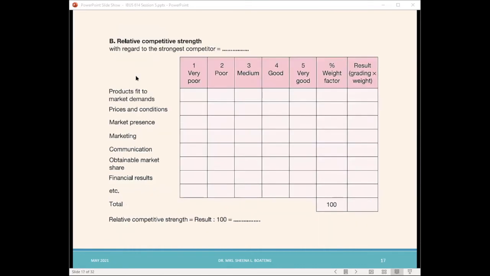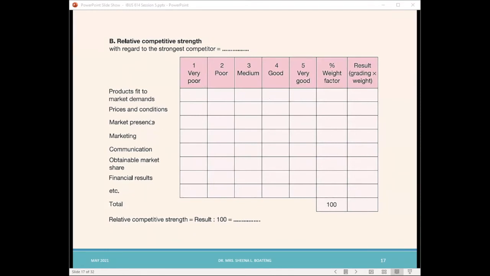And in terms of the relative competitive strength, this is done with regard to the strongest competitor. So you fill each of these boxes with the score on each of the criteria based on how your competitive strength ranks against the strongest competitor in that market on the criteria in question. So for instance, if you are talking about the product's fit to market demands, you need to compare your product to that of the strongest competitor and give yourself a ranking.